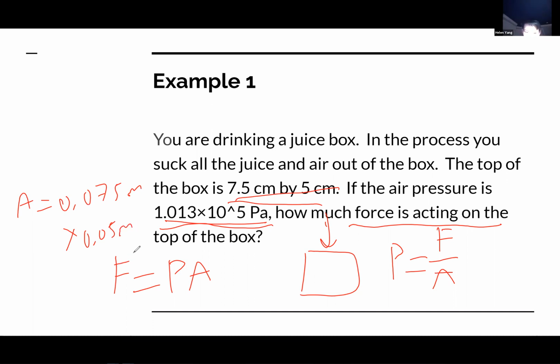And if you multiply that together, you would get 0.00375 meters squared. And you know the pressure is that. So if you multiply them together, you get 379.875 newtons for the force. You guys understand that question?